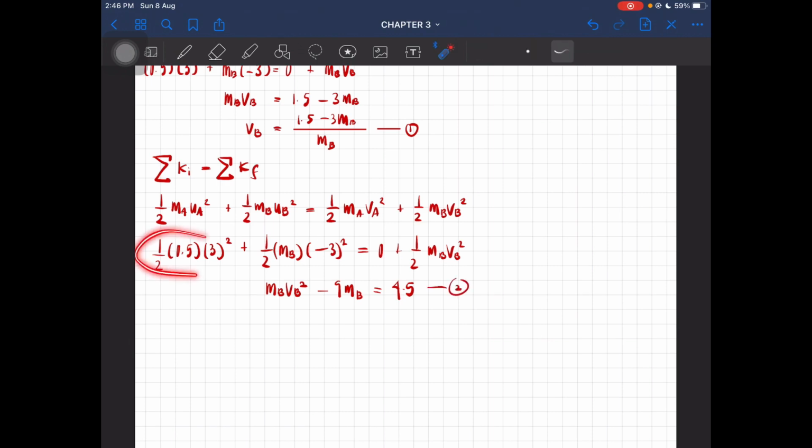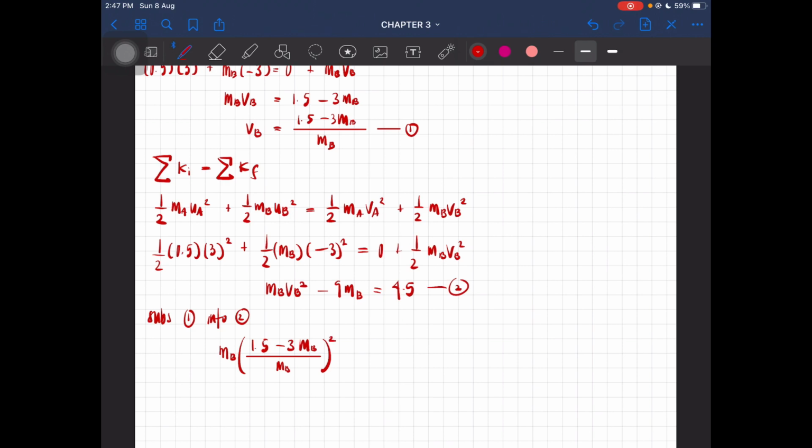Okay, this part is very tricky. Make sure you do not make any mistake. If even one thing is wrong, your equation would automatically be wrong. Okay, now we can substitute equation 1 into equation 2. So, VB is 1.5 minus 3 MB over MB, and this is squared.